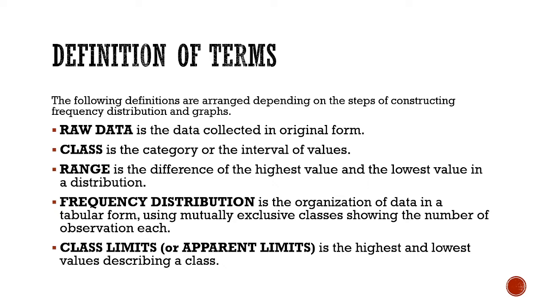And also we have class limits or apparent limits. This is the highest and the lowest values describing a class. So if you have a class which is 5 to 10, then 11 to 16, then 17 to 23, the class limits for the first class will be 5 as the lower limit, and the higher class limit will be 10.